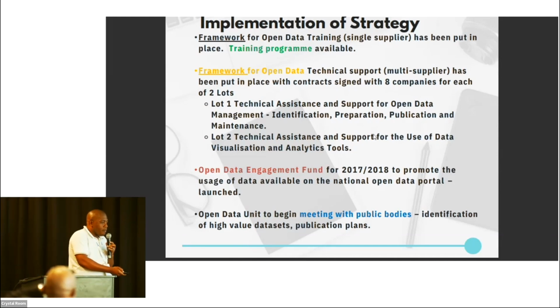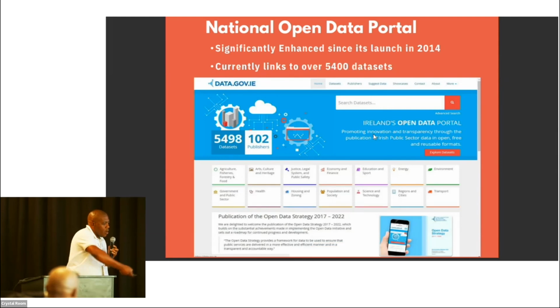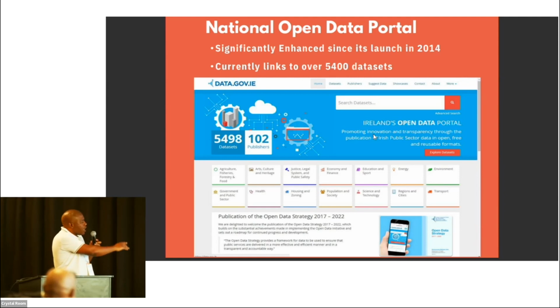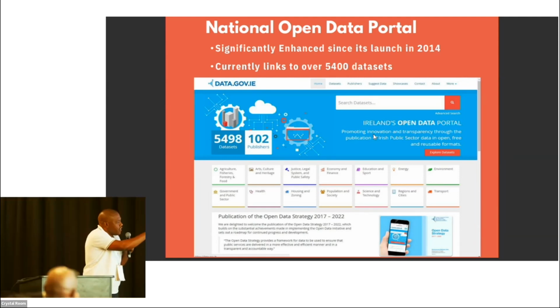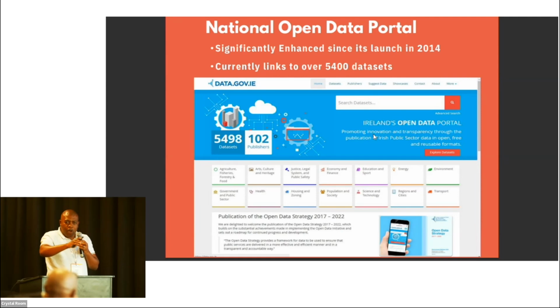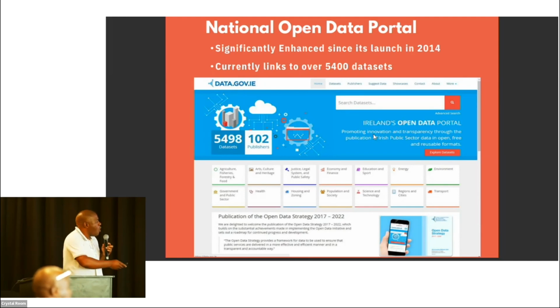Now, if you look at our situation, these are just some of the examples before I go to ours. What I liked about it is they cover a lot of different sectors: agriculture, cultural, justice. They have an open data portal which literally provides services to the people.